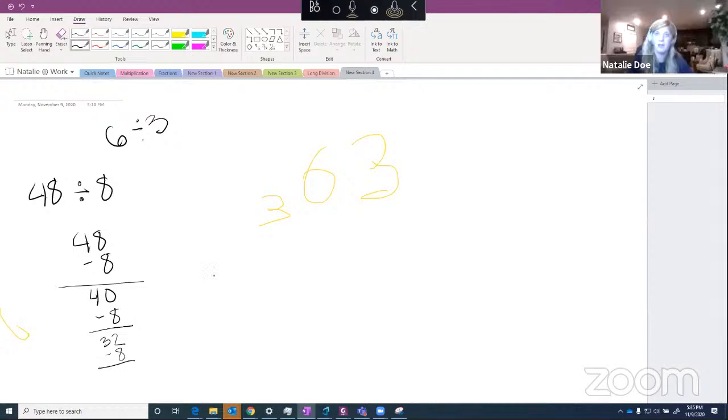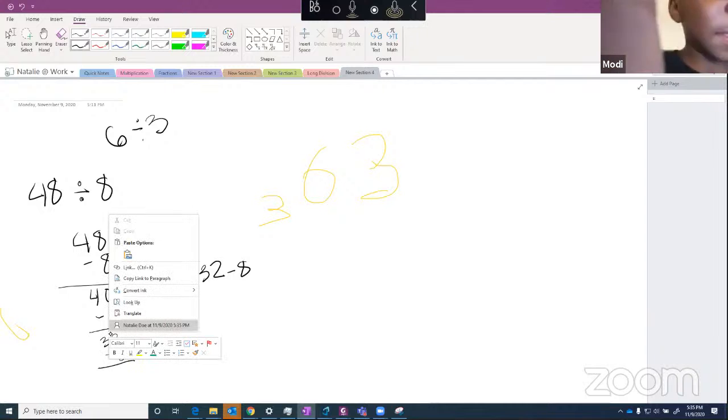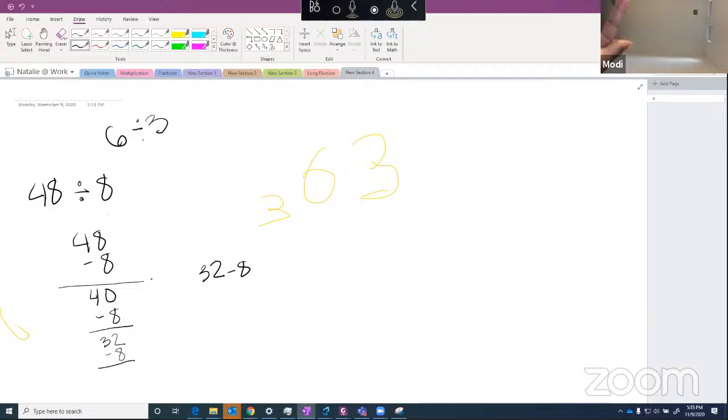So if we've got 32 minus 8, we can do that the long way too. 2 minus 8, you can't do that, right? So we're going to borrow 1 from here. So this is now 2.